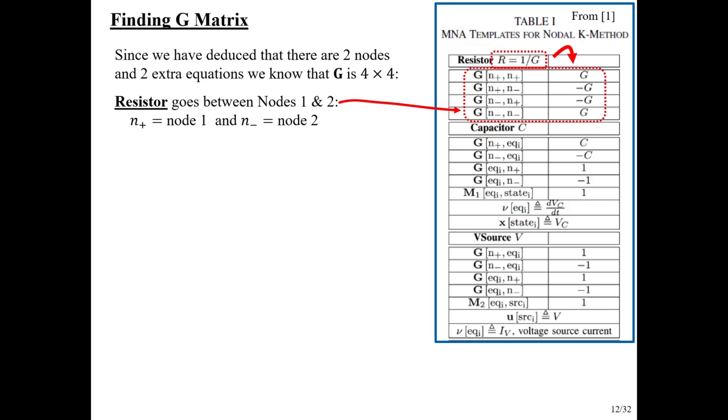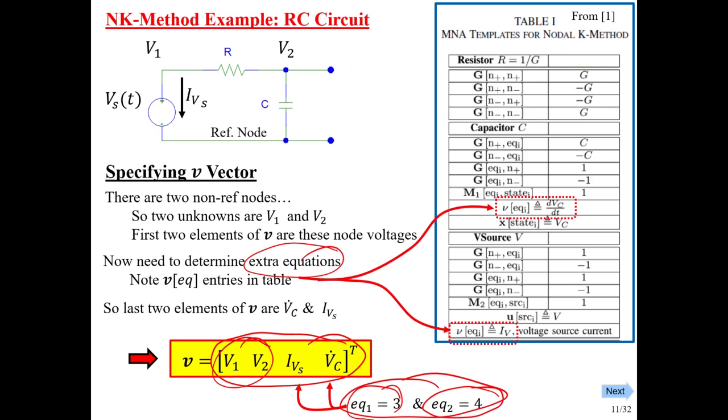If we look at the resistor, it's only node indices, N plus and N minus. So the resistor goes between nodes 1 and 2. And why do we pick node 1 as N plus and node 2 as N minus? Well, that is our standard passive sign convention.